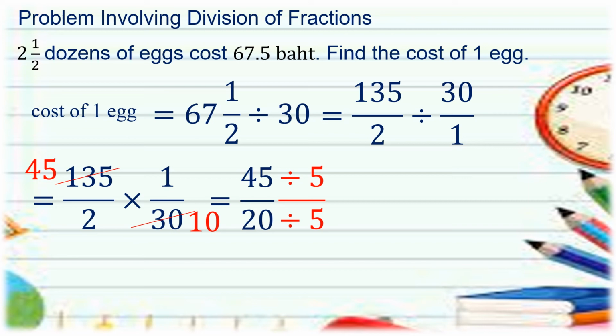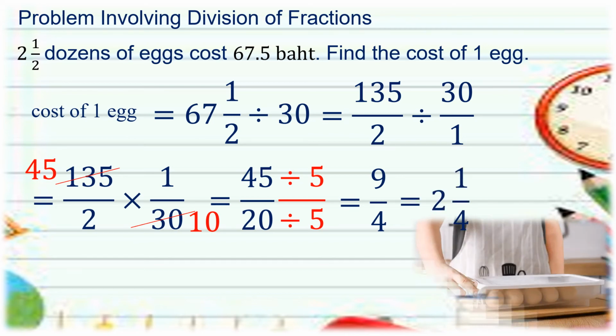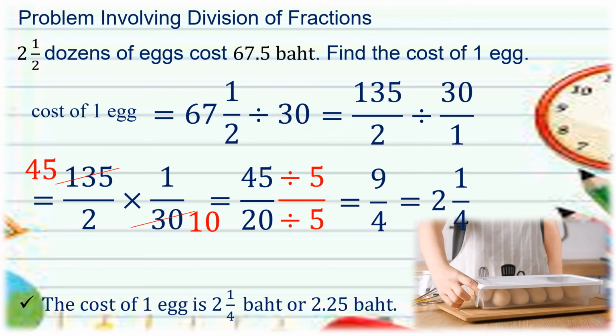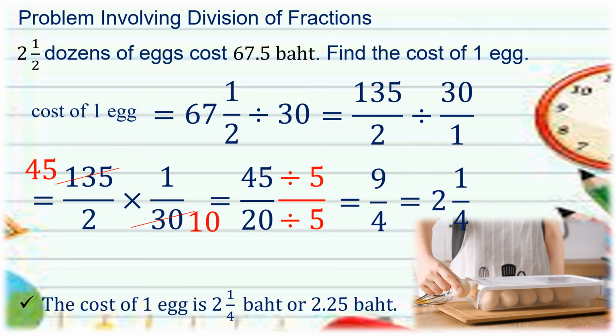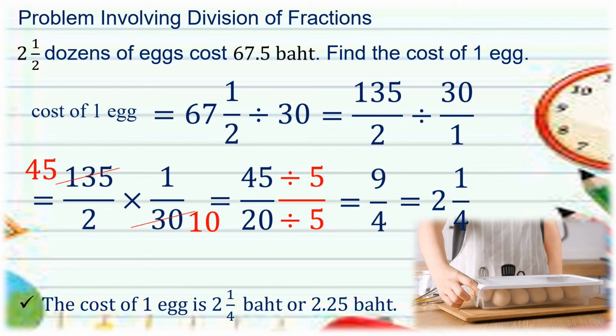So 45 divided by 5 and 20 divided by 5 would be equal to 9 over 4. Simplifying further, we get 2 and 1/4. So the cost of one egg is 2 and 1/4 baht, or 1/4 can be written as 0.25. So it is 2.25 baht.